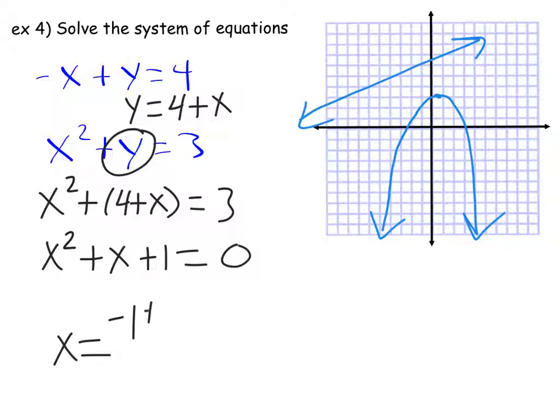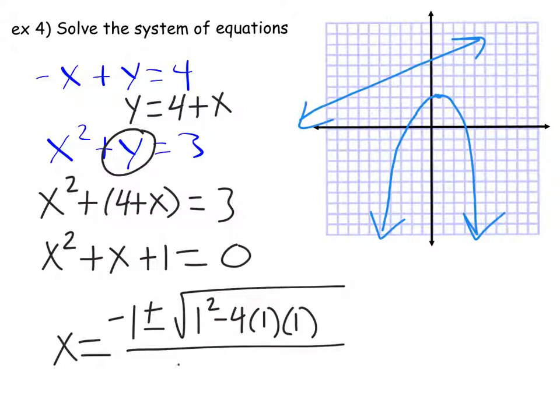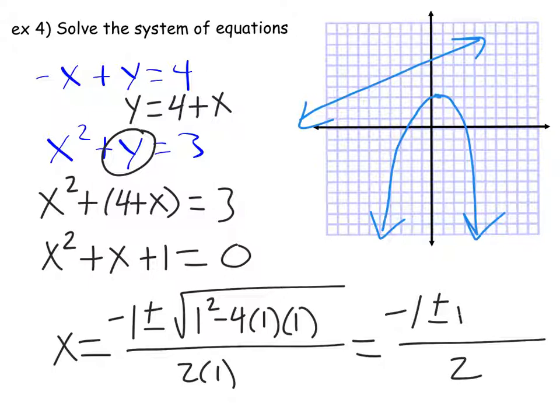Opposite of b plus or minus the square root of b squared minus 4. A is 1, c is 1. Now if you've used the quadratic formula enough, you might know at this point what you're looking for, which is that the number underneath the square root is negative, right?